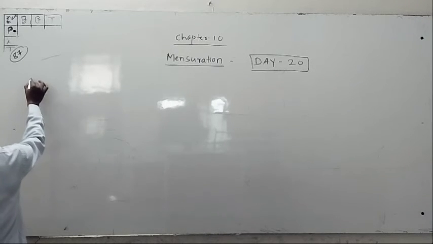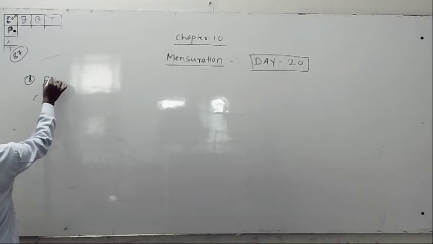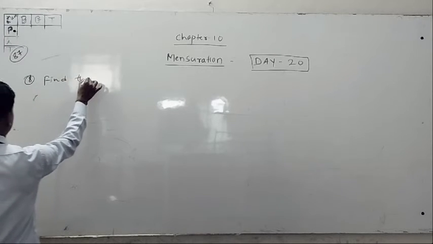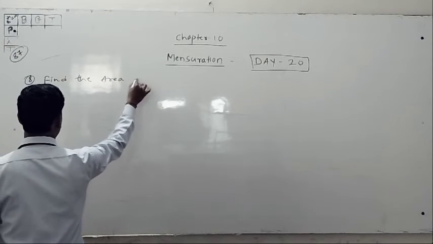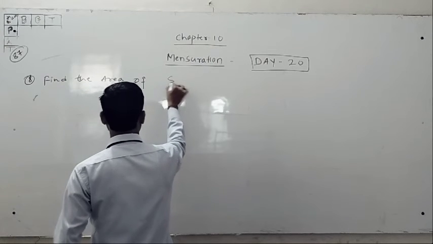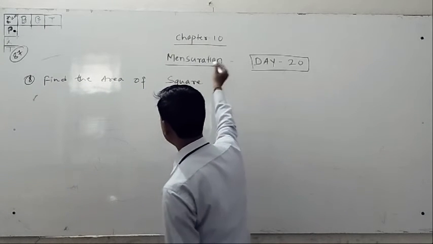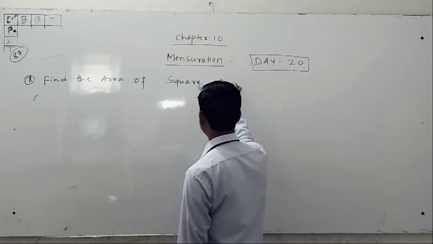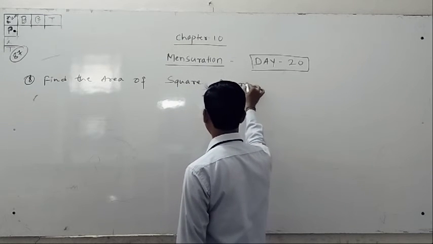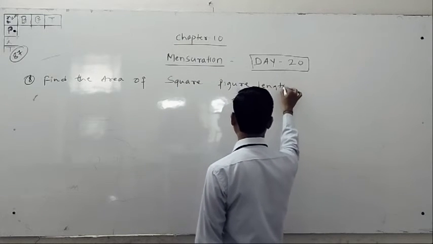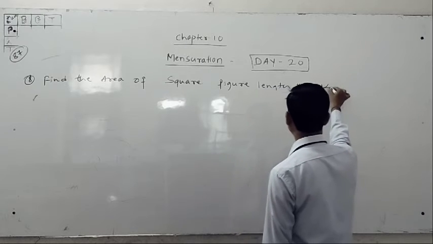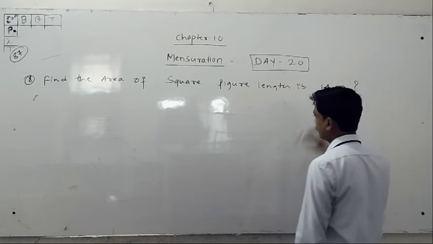Next one, find the area of square figure. Length is 14 meter.